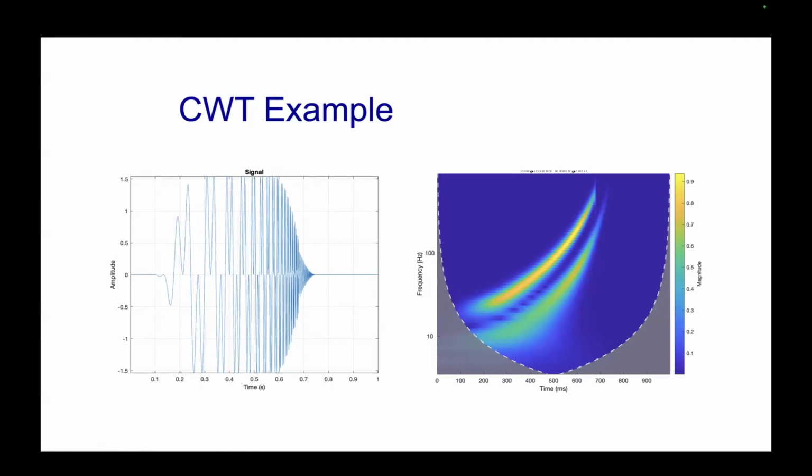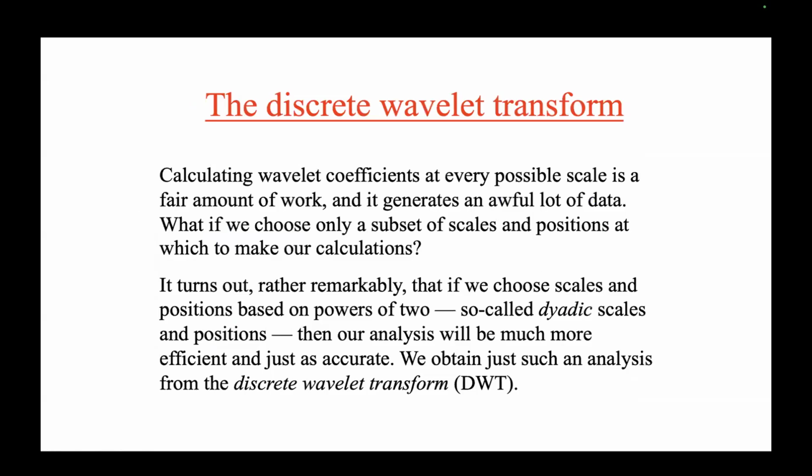So this was the continuous wavelet transform. Now we come to the discrete wavelet transform. Calculating wavelet coefficients at every possible scale is a fair amount of work, and it is computationally expensive. It also generates an awful lot of data. So what if we choose only a subset of scales and positions at which to make our calculations?